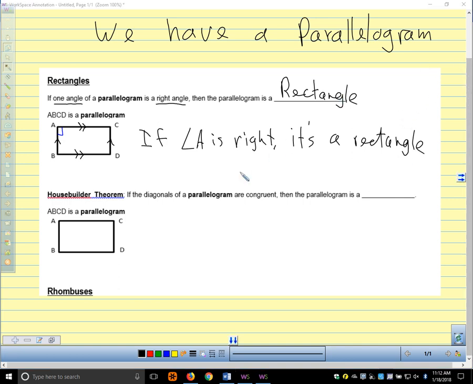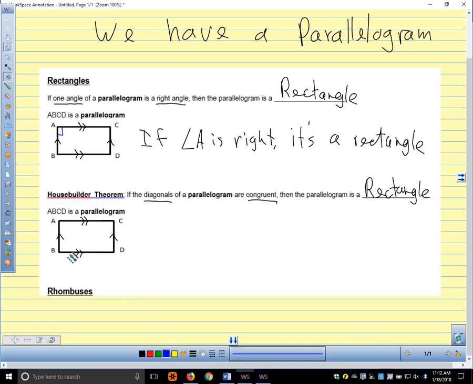All right, the next one. The next one is called the house builder theorem. I'll talk in just a second about why. If the diagonals of a parallelogram are congruent, then it's a rectangle. So we've been told that this is a parallelogram.